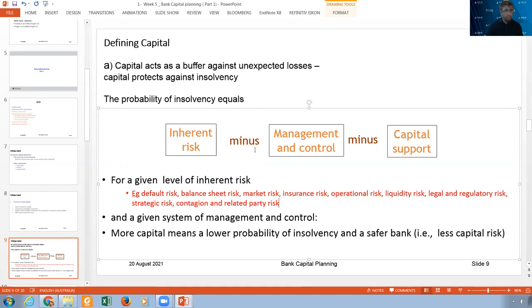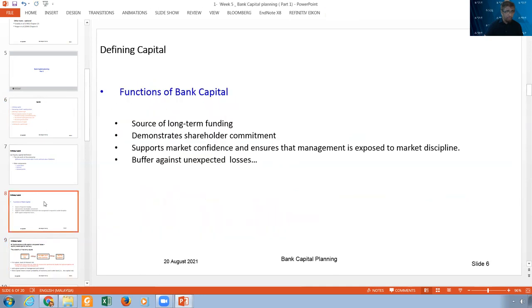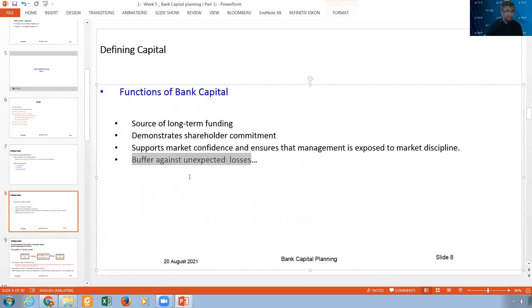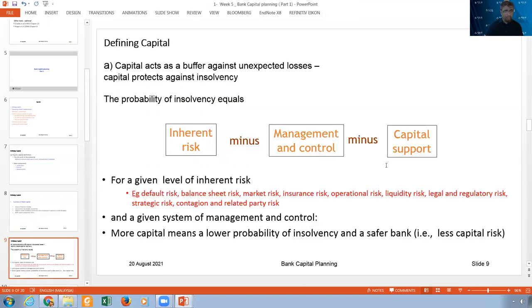All of this is so many policies, and all this is to decrease the risk. But sometimes we cannot decrease the risk, so it will go to the capital, and this is the function of the capital when we say it's a buffer. This is what we mean by the buffer, and I think you already know that.